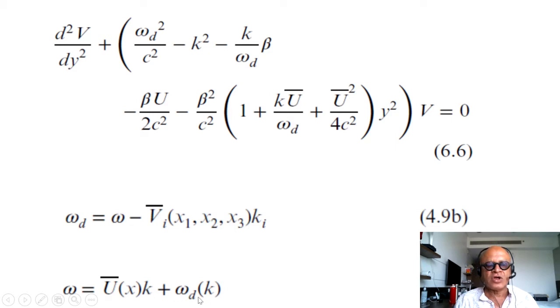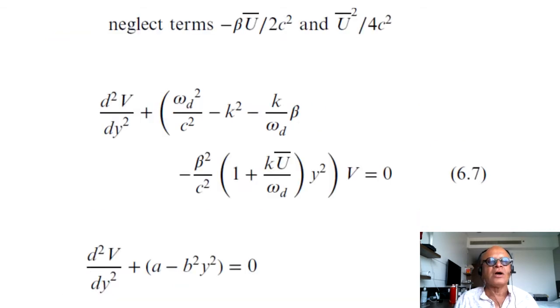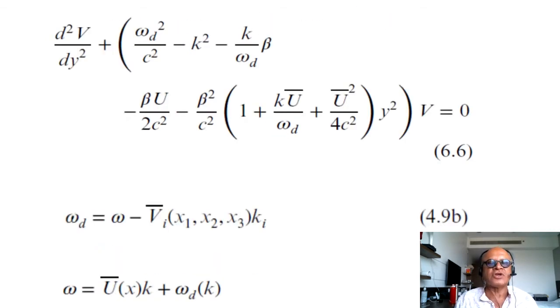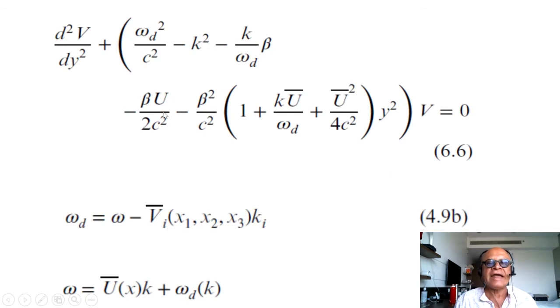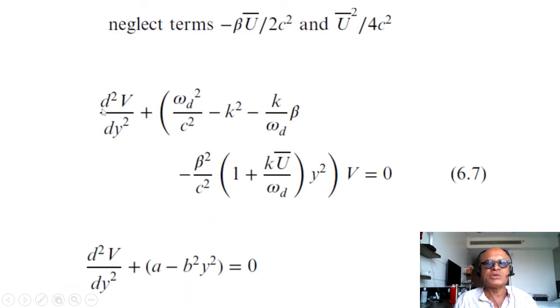So here the Doppler shifted frequency is a function of k, as we know. Neglecting these terms here, which are small compared to the other terms, so we are neglecting this one and this one, simplifies the equation to d squared v dy squared plus this complicated looking thing, which obviously is a third order equation because there is a square here and 1 over omega d here.